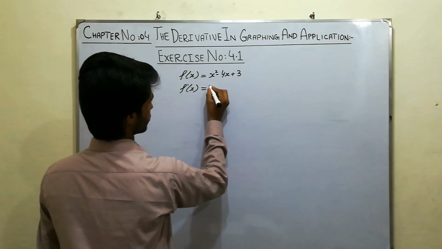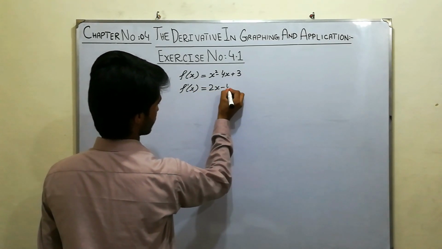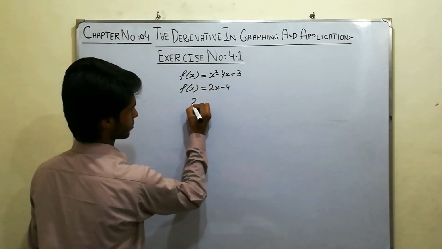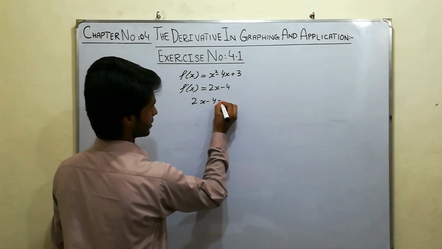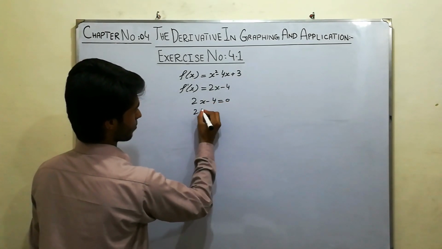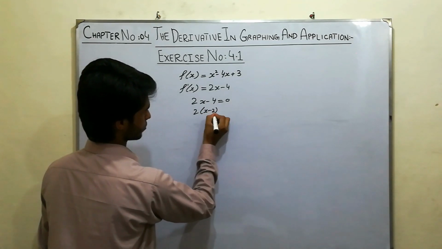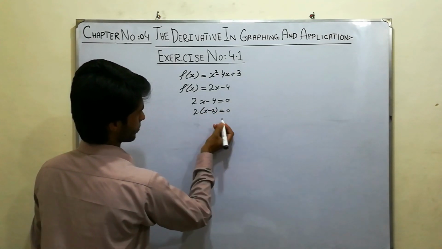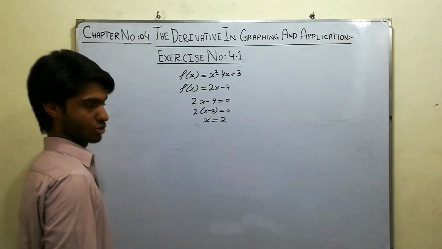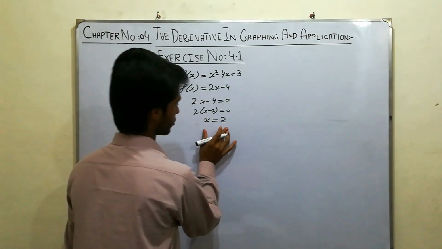If we take the derivative, we have 2x - 4. Now put the first derivative equal to 0, so 2x - 4 = 0. Now find the points. If we take common, we have x - 2 = 0, or overall x = 2. So this is our point, x = 2.